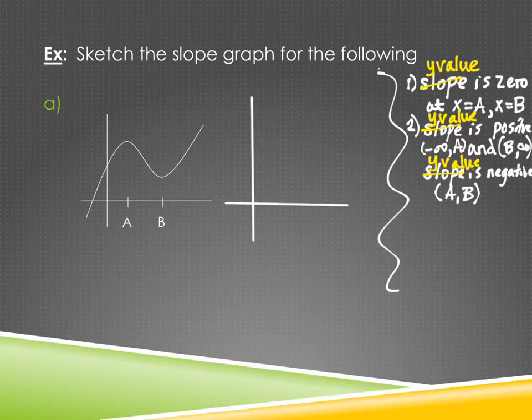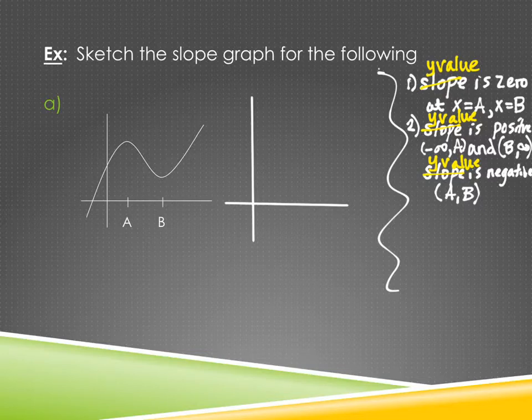We wrote down a whole bunch of information about the slopes. And now we need to create a graph whose y value does those things. So when I go back to read what I wrote, I want to read y value in the place of slope. So for the first one, it says now the y value is 0 at A and B.